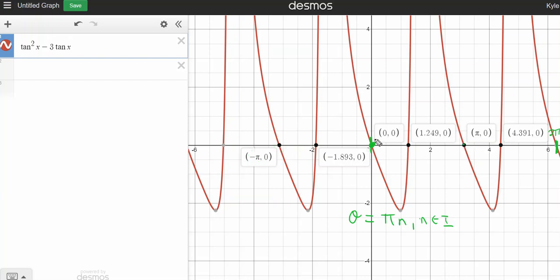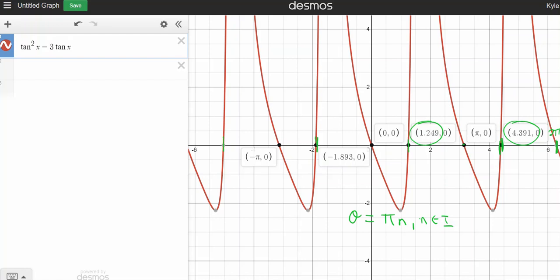So now we handled those ones, but you can see we've got a different pattern happening here, right? From this point to this point, and the distances between these will also be the same. They're going to happen at constant intervals as well. So how are we going to figure out that one? Well, what we should do here is take this number, 4.391 minus 1.249.